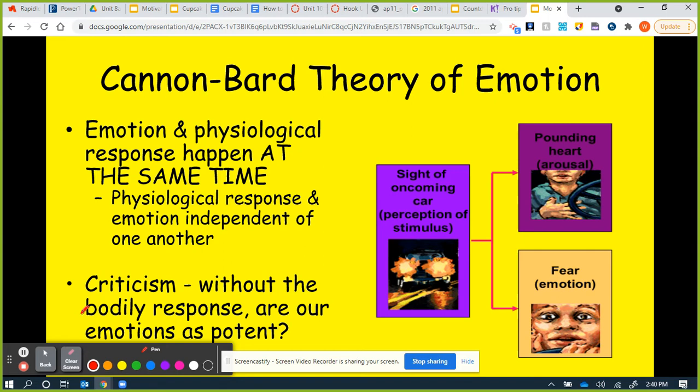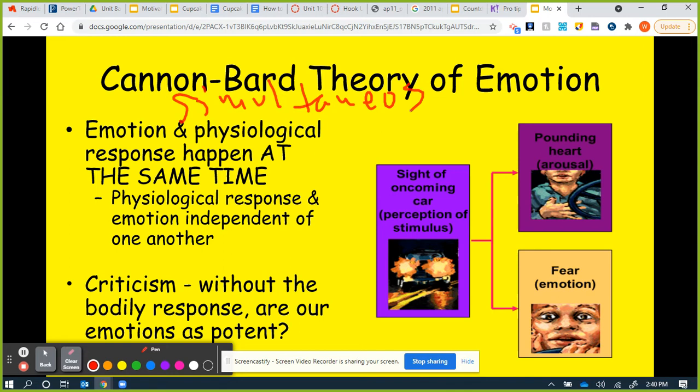Cannon-Bard says that there is the environmental stimulus, but instead of the pounding heart causing the emotion, it says that these two things happen at the same time. Keyword for this one would be, they are simultaneous.